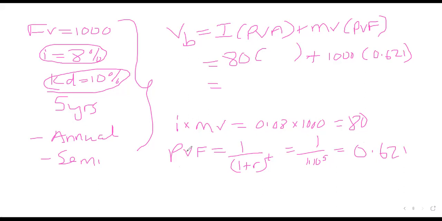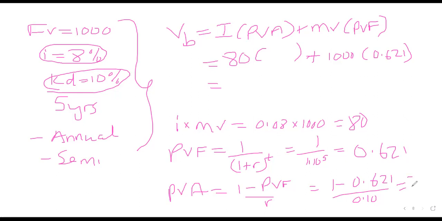Then we go to the annuity factor: 1 minus the present value factor, over r. The annuity factor always starts with a number, while the interest factor always starts with a 0. In case you are using a wrong table, at least your wrongness must be in a tolerable range, and you will be able to tell that this one is off.